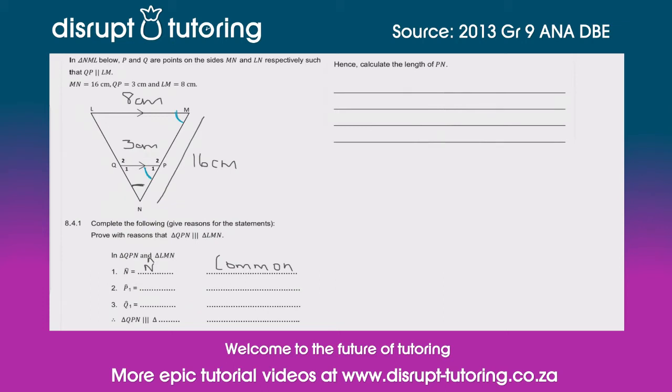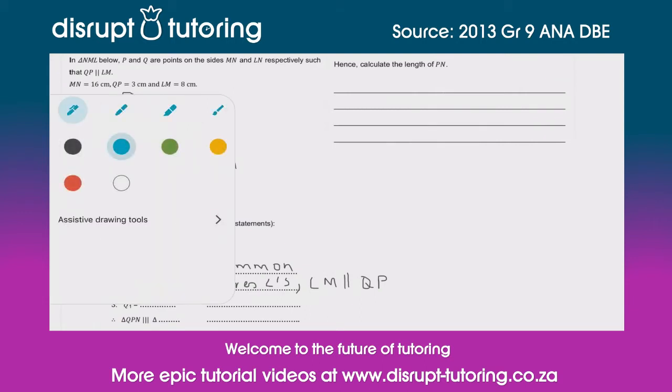So P1 is equal to angle M. And that is because of corresponding angles. Now, it's not sufficient to say that. We need to say which lines are parallel. And we know that LM is parallel to QP. Brilliant.